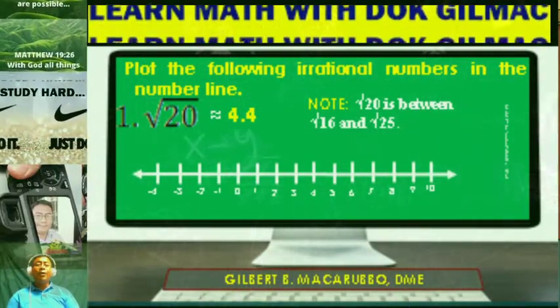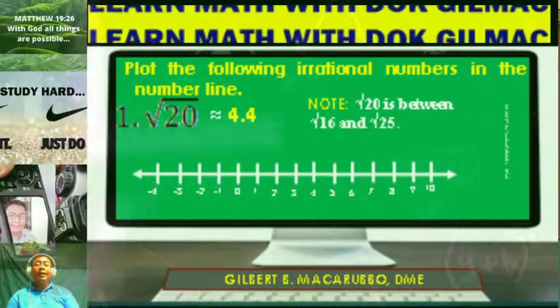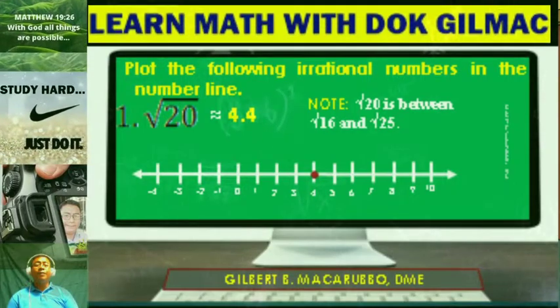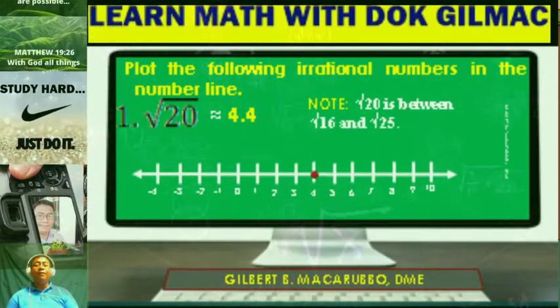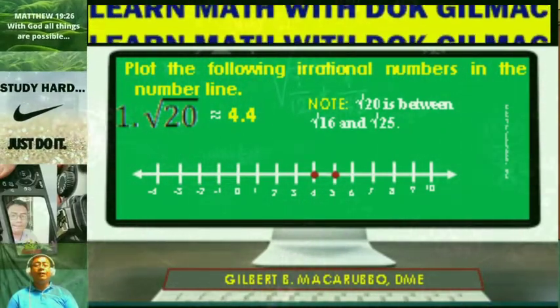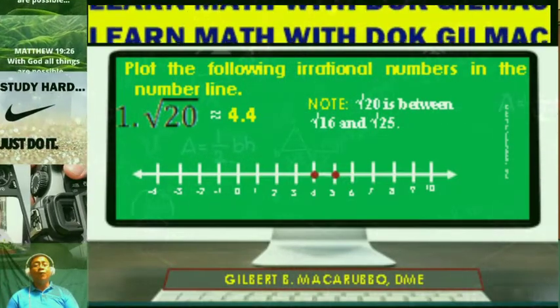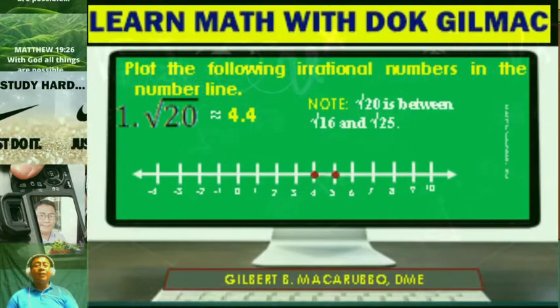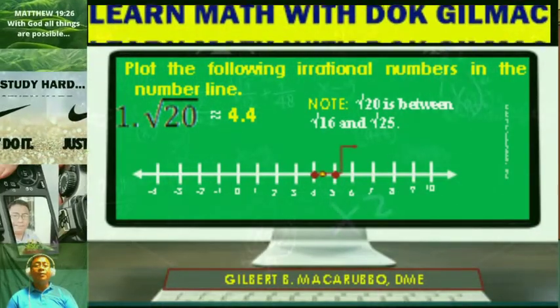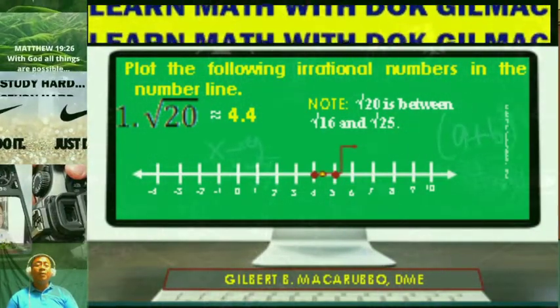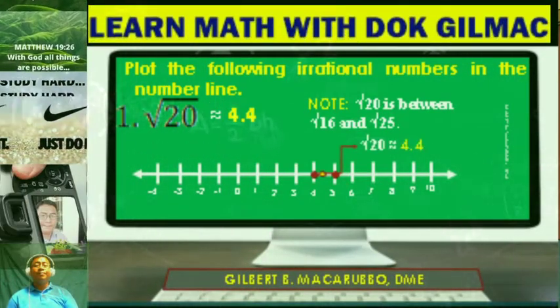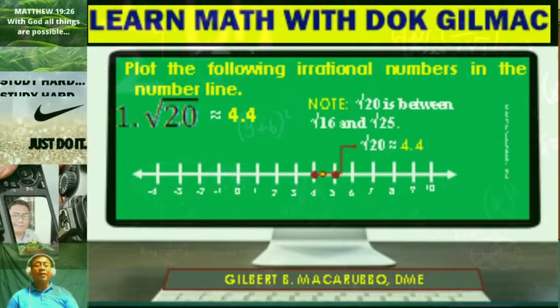The first thing we're going to plot here is square root of 16, which is 4. Square root of 25 is 5. So take note, 4.4 is just between 4 and 5. So from here we have 4.4. This is actually the point of square root of 20. Take note of that.